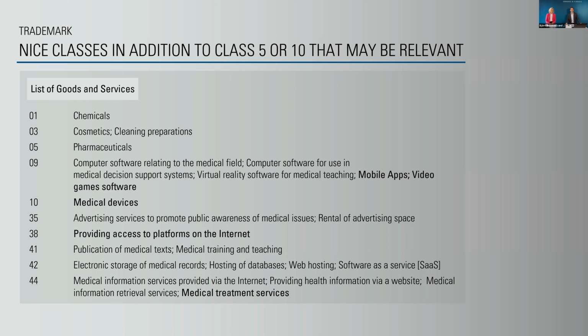It's mobile apps of class 9, or medical devices still of class 10, or if it's mainly an internet platform you're using and have access to, then it may be class 38, and therefore you see that it may not be clear, and it may definitely be other classes than you are used to. But the clear recommendation is maybe to include some more classes to be on the safe side.